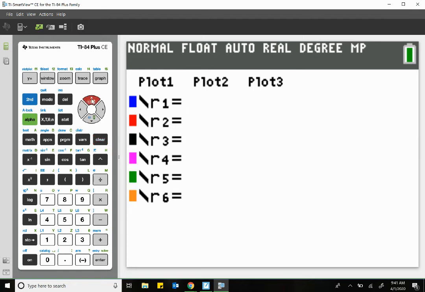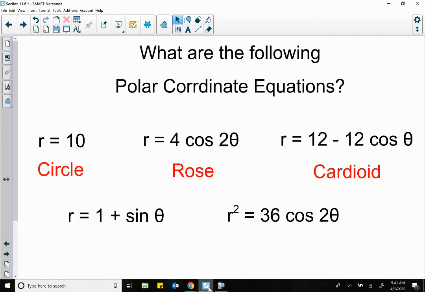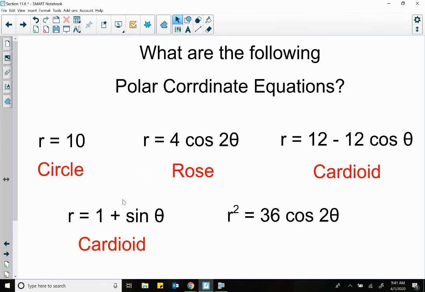So 1 plus sine theta. Oh, it's a cardioid. So if you didn't know that, you could check that way. This one is just another cardioid. Now you're probably like, well, there's not another number. Yes, there is. What number's in front of the sine? There's a 1 there.